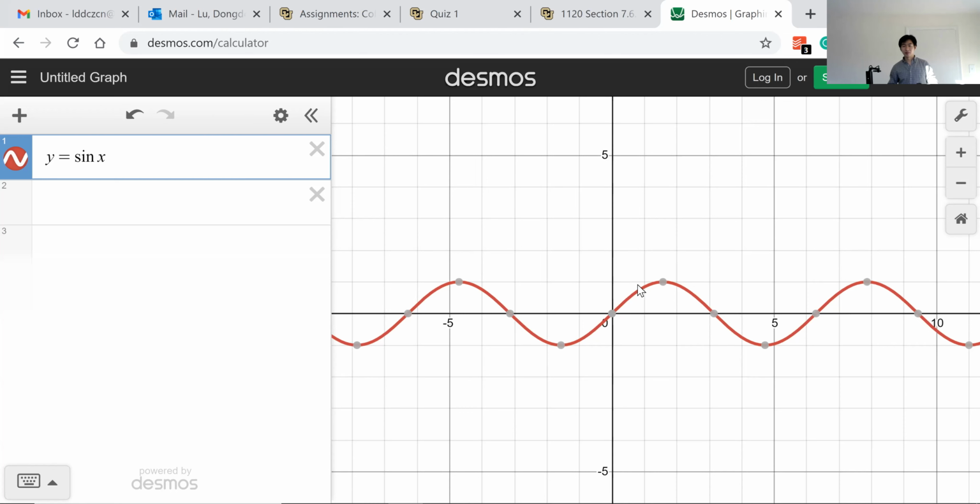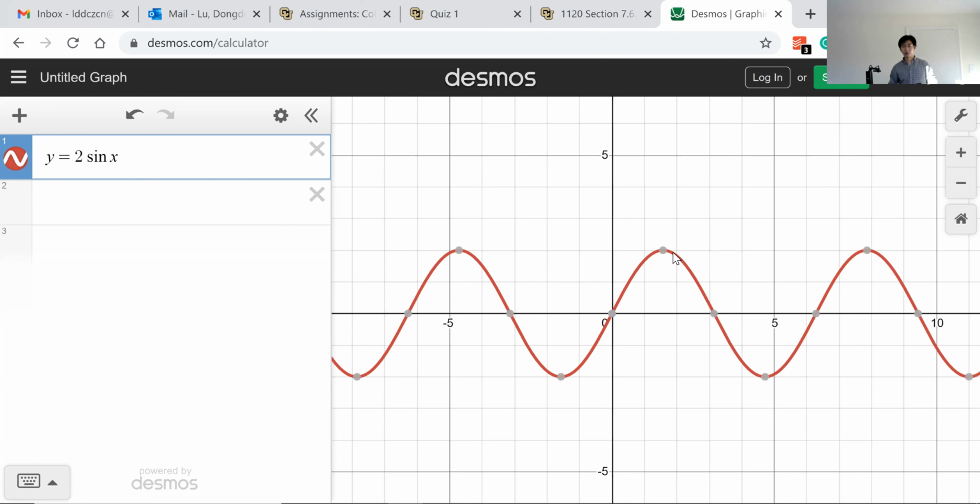So originally you have here the y value as 1, the x value as pi over 2. However, if you times 2, look, for the same x value, it doubles the y value. Okay, look, the y value now is 2.